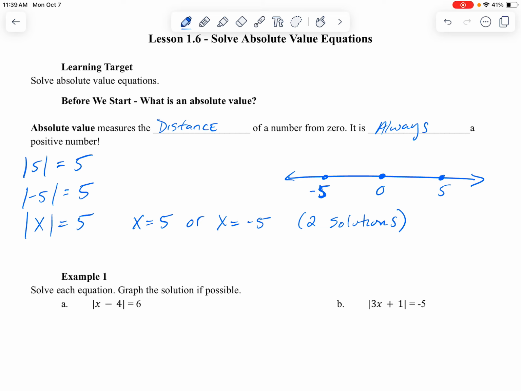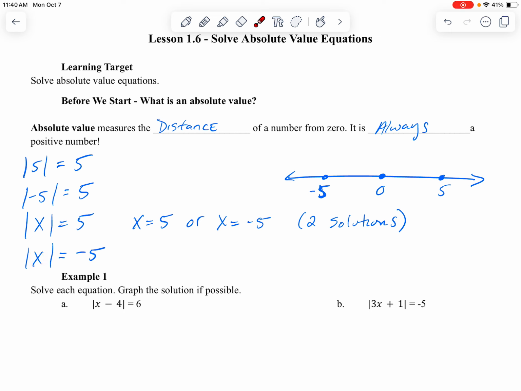Final quick one I want to show you is this. What if I were to say the absolute value of x is -5? And we might think to ourselves for just a second here, remember this is always going to be a positive number. One way to think about this is, if that number is negative, then just make it positive. But is there any number out there that I can make positive and it will equal -5?